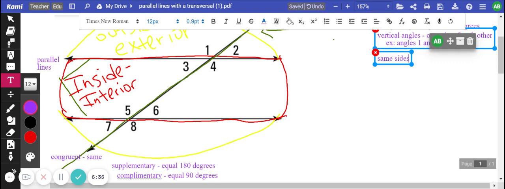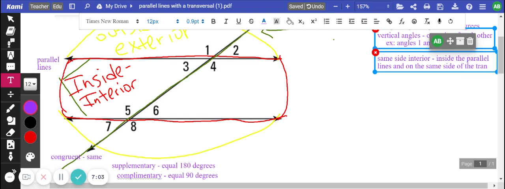Now, if it's inside the meat, it's going to be interior. So that means that they're inside the parallel lines and on the same side of the transversal.